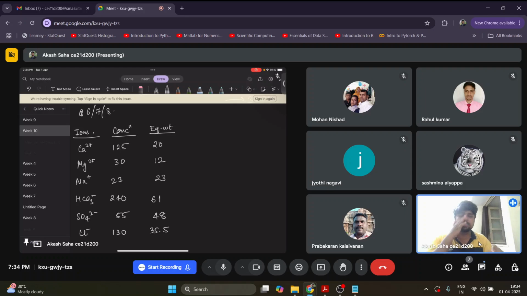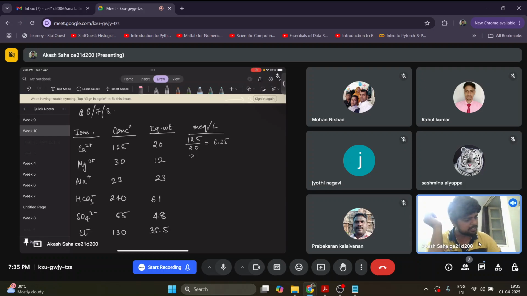Please memorize these because they will be required subsequently in all the problems, whatever we are solving today and whatever will be asked in the examination. Then we will calculate milliequivalents per liter. Whatever concentration is given, divide by the equivalent weight. So you'll get 6.25.